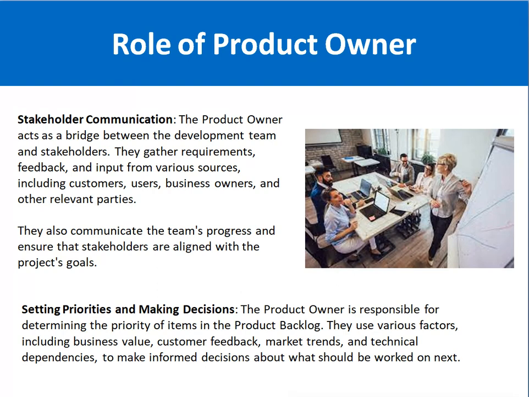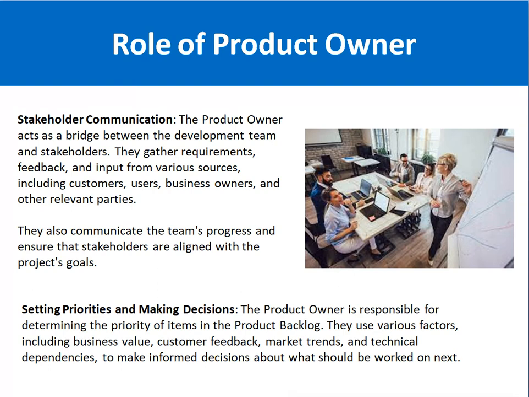And also he is communicating the progress of the product to the stakeholders, especially to the customer. And he is also having clear visibility and understanding about the project goal.